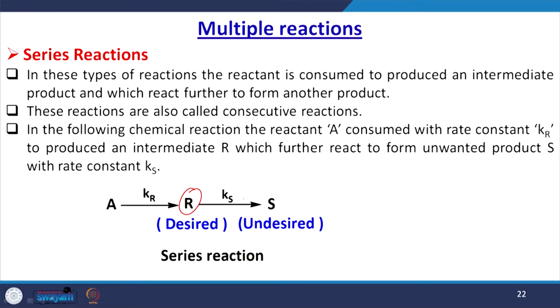So these reactions are sometimes called consecutive reactions. In this chemical reaction, reactant A is consumed with rate constant Kr to produce an intermediate R, which further reacts to form an unwanted product, sometimes represented as S, with a rate constant Ks. This is termed the series reaction.